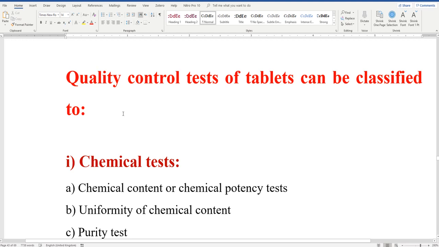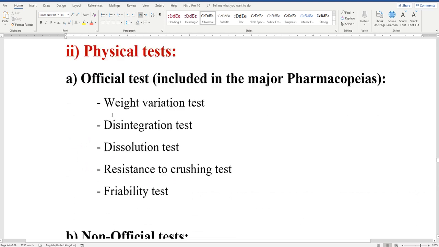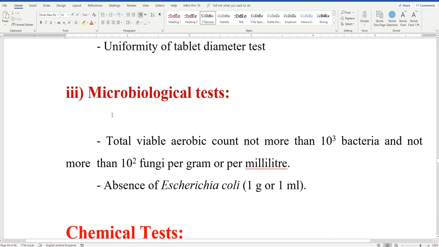It can be chemical tests, physical tests, or microbiological tests. So I conduct three types of tests: chemical, physical, and microbiological.